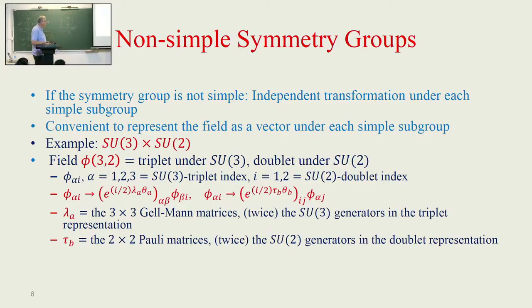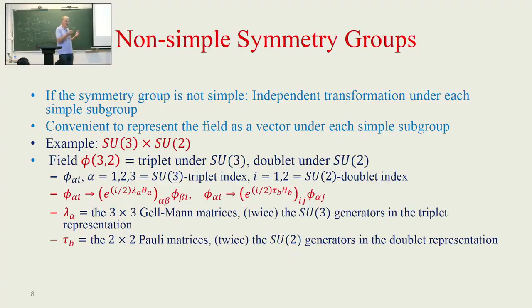A doublet under SU(2): the index i runs from 1 to 2, the index j runs from 1 to 2, the index b runs from 1 to 3, n squared minus 1, with n equal to 2 for SU(2). And so there are here 3 matrices, tau 1, tau 2, tau 3. Each of them, for phi that transforms as a doublet, is a 2 by 2 matrix. Actually, you may know these matrices. These are the Pauli matrices. You know them sometimes as sigma x, sigma y, sigma z.